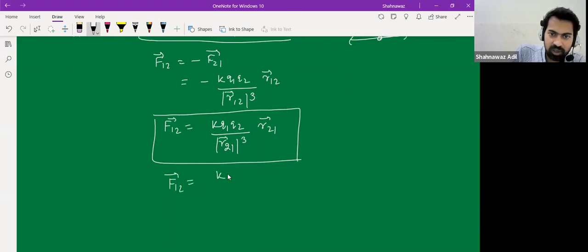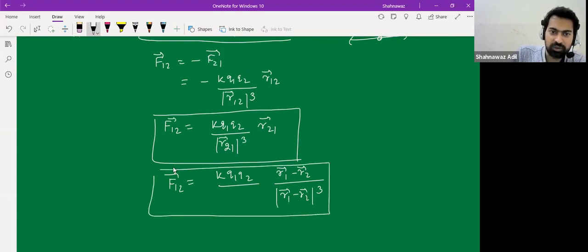Remember, R21 is R1 minus R2, and this is R1 minus R2 cube. So you can write it this way also.